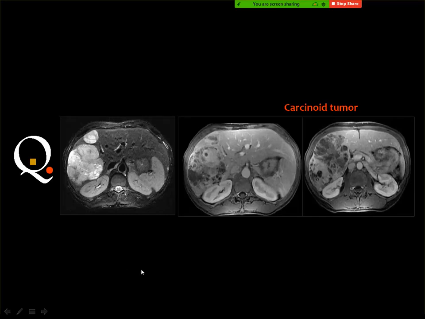Carcinoma tumor. Yes, that's it. The patient had HCC. Wandering liver? There is no diagnosis like this. The spleen is the only one that wanders. Metastasis.